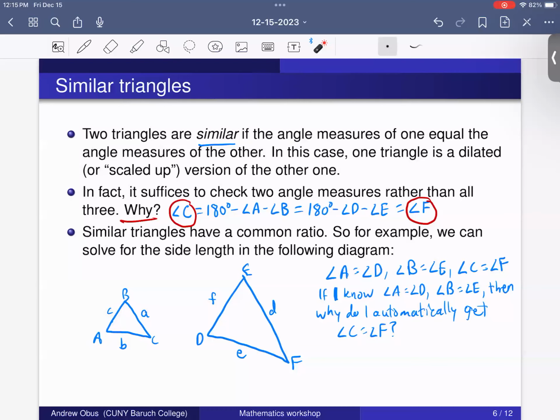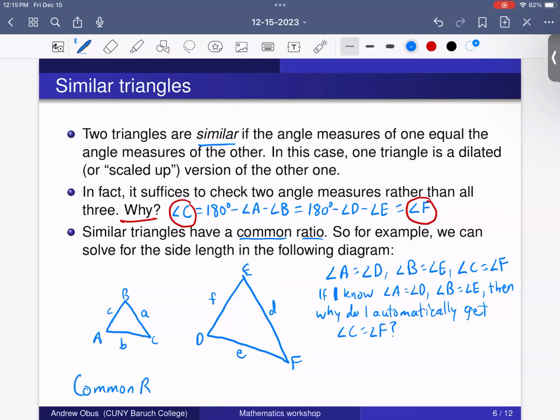Okay. So let me also say that the other important property of similar triangles is not just that their angles are the same, but they also have what's called a common ratio. What does this common ratio mean?